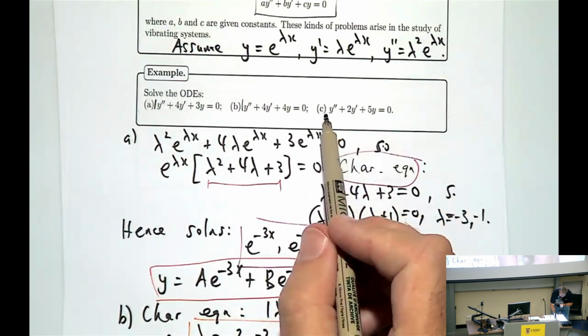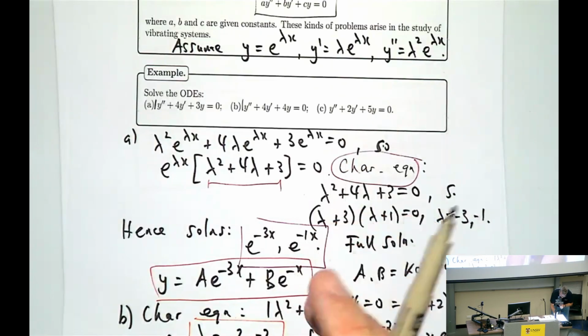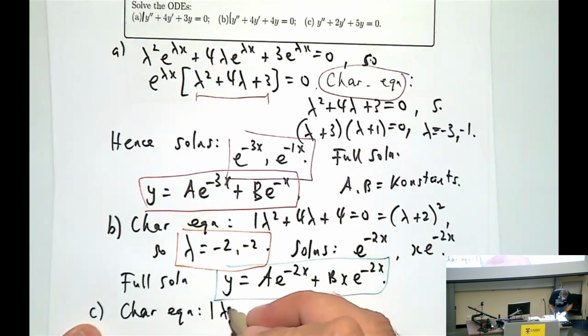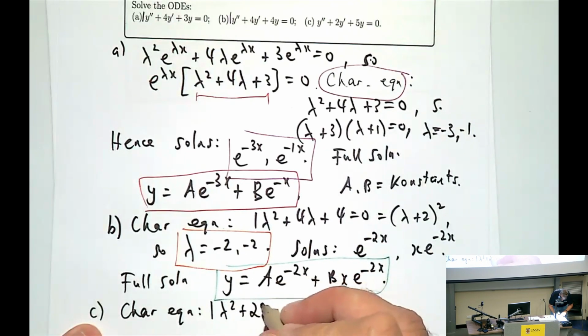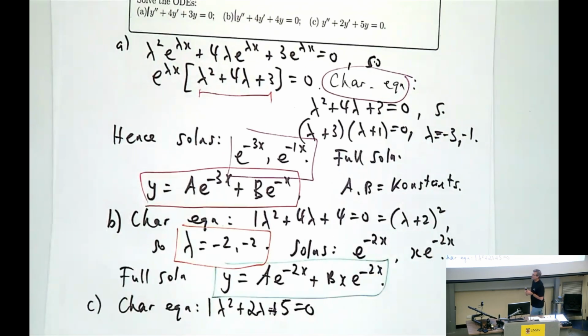So it's going to be 1 lambda squared plus 2 lambda plus 5 equals 0. There's a very cool technique that I like to use a lot called completing the square. It allows you to solve these things pretty easily when there are complex solutions.